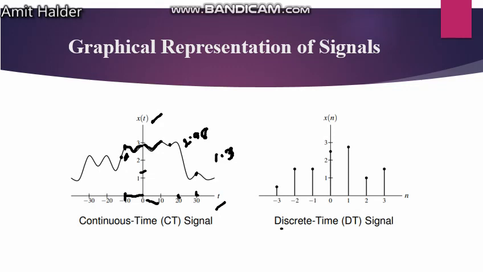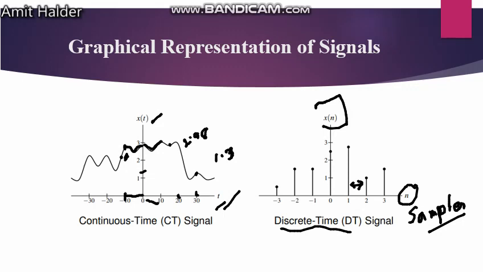But in discrete time signal, you get the interval between these two. There is no such time. These things are known as samples. They are not known as the time function, that is samples, and that is the discrete representation of signal x[n].